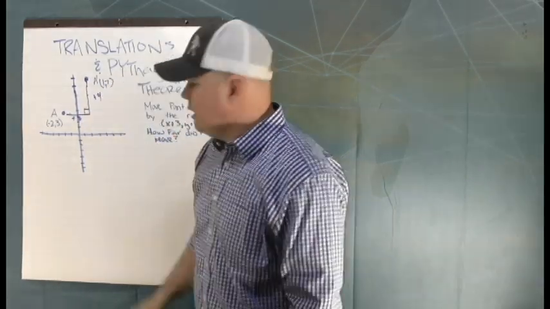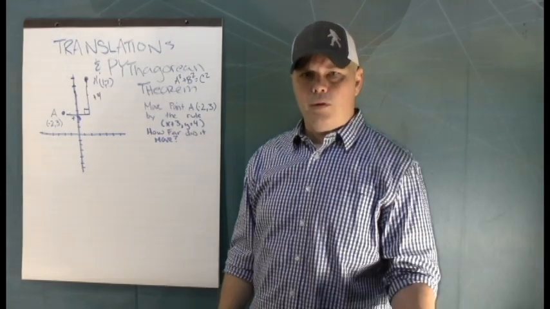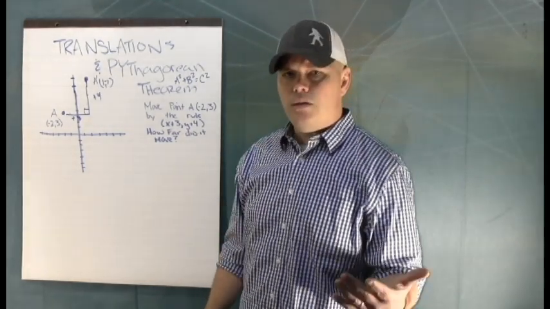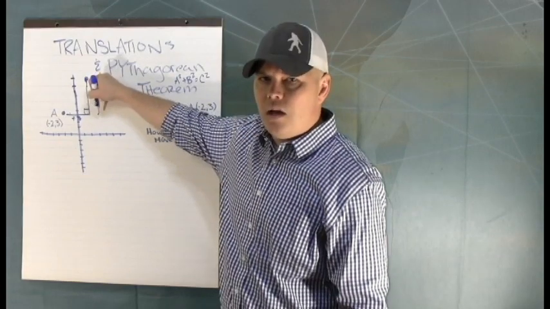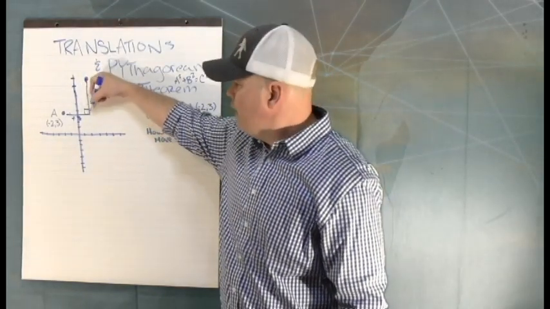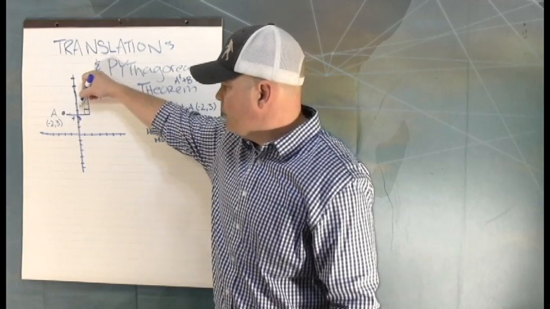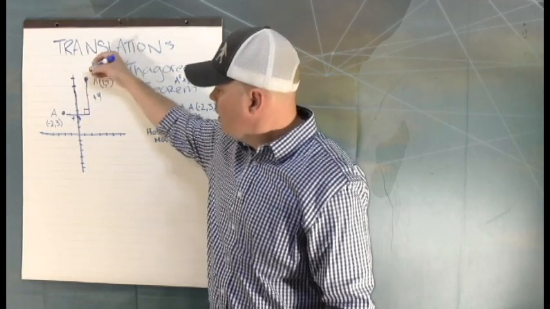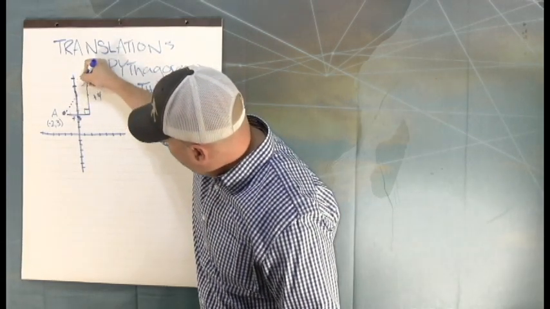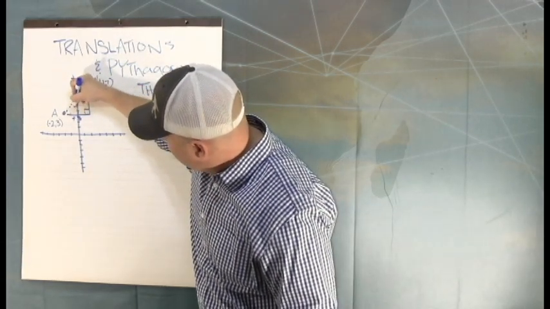Now, the next thing we need to remember from our Pythagorean unit, when we went over this during Unit 1, was that the hypotenuse is always the longest side of a right triangle, but it's always the line segment opposite of my right angle. So this is going to be my hypotenuse.